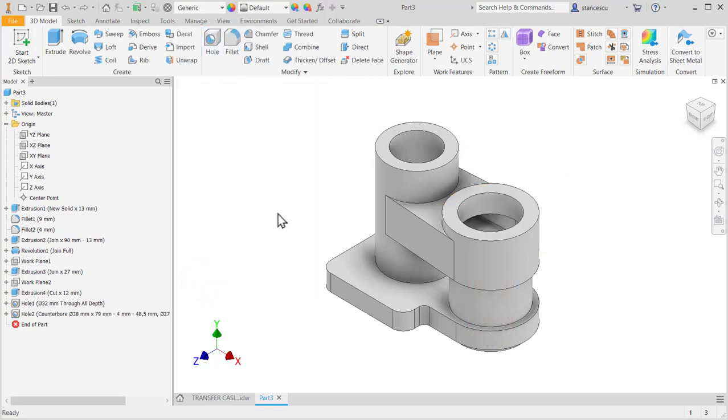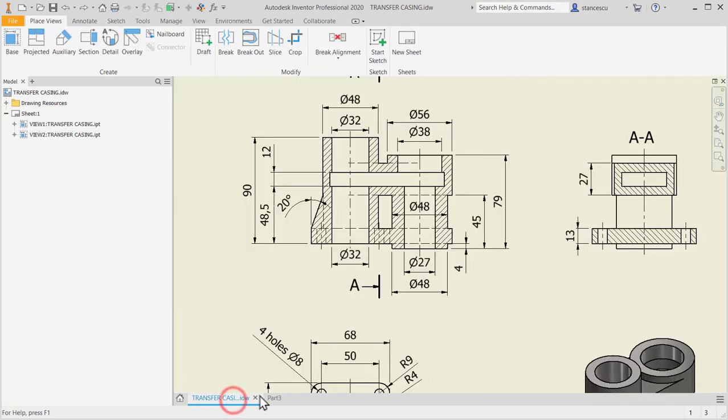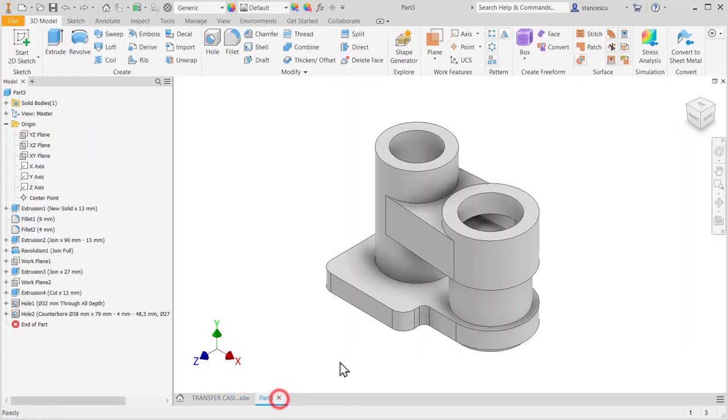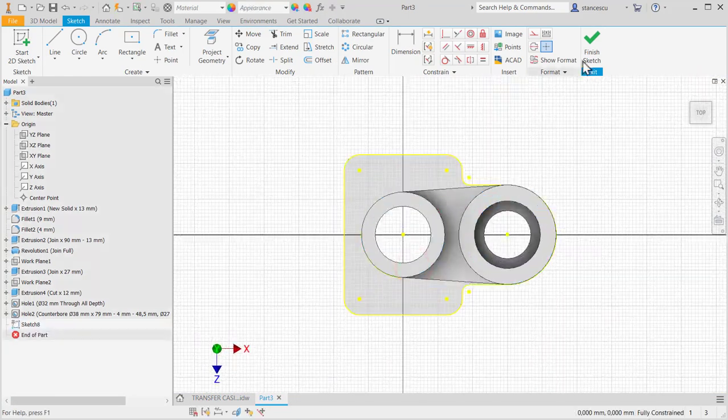Okay, let's apply these holes on the base. They are in the centers of the fillets, yes, 4 holes of 8 millimeters through. Sketch, no sketch.